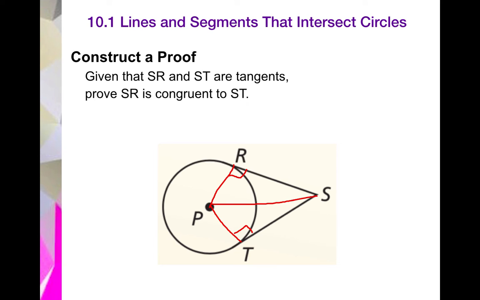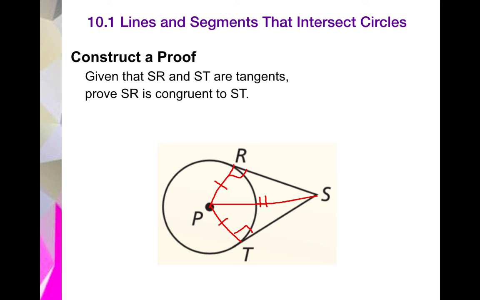So now I have two triangles. With these two triangles, I can see right away that I have congruent radii, so these are congruent. And I know that this side here, PS, is reflexively congruent between the two triangles.